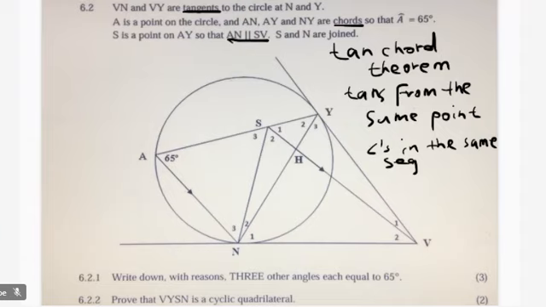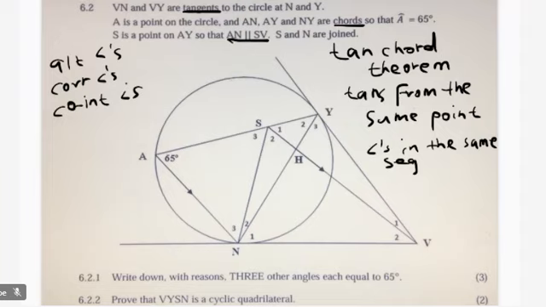When we talk about parallel lines, we know that parallel lines can give us alternating angles, corresponding angles, and co-interior angles. So those are some of the reasons that we can use to find these angles. That's it. That's the information.